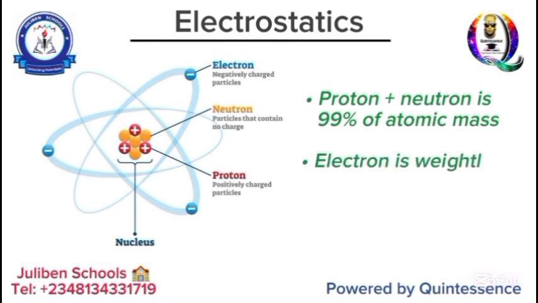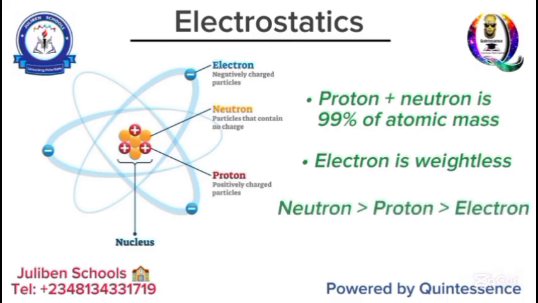While the electron happens to be the weightless particle of an atom. Weightless. The mass of a proton is far greater than the mass of an electron. In fact, between proton, neutron, and electron, the neutron happens to be the heaviest particle in an atom, because its mass supersedes the mass of every other particle.